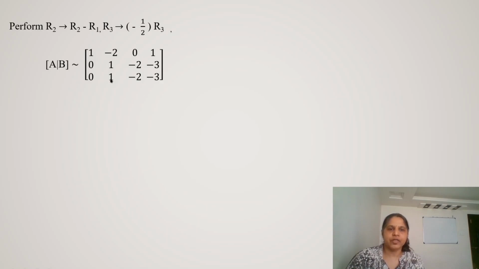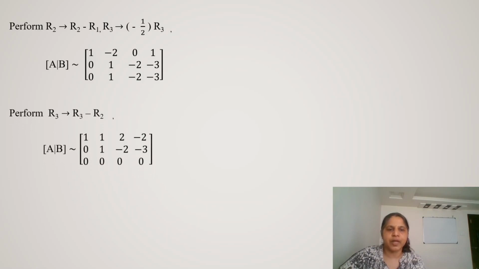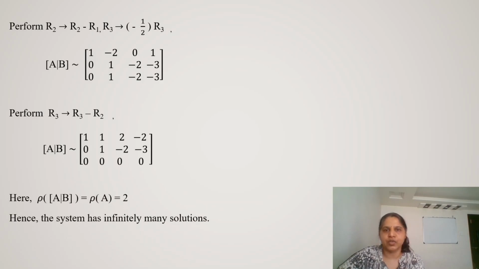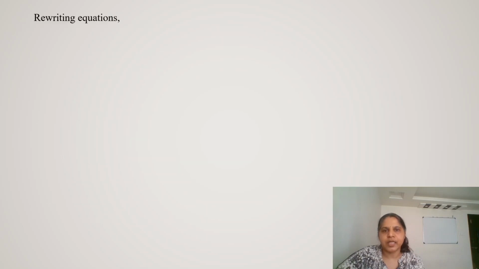Then again we want 0 here, so we shall perform the transformation R3 minus R2. Now this is the echelon form of the augmented matrix, so we can say that the rank of the augmented matrix is 2, which is the same as the rank of A, and this number is less than the number of variables, so the system has infinitely many solutions. Let us write the system in equations.